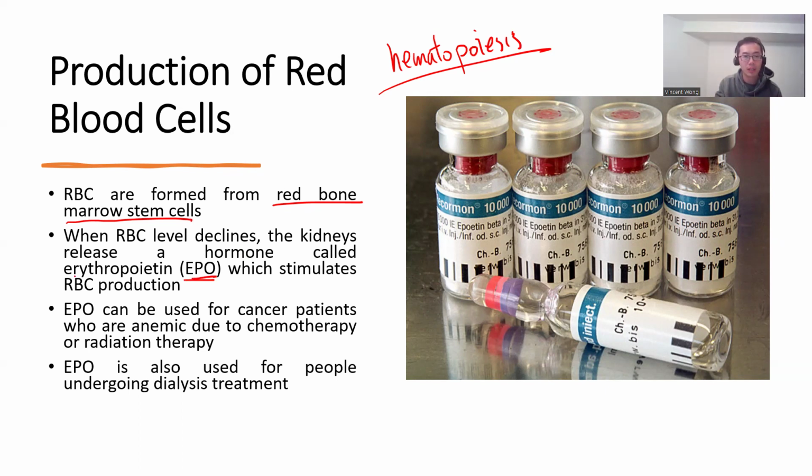EPO stands for erythropoietin, but you can just call it EPO. The EPO will stimulate the bone marrow to make more red cells. So one more time: when your red cell level drops, the kidney makes EPO. Then EPO goes to the bone marrow, and it will help you make more red cells, bringing it back to normal.